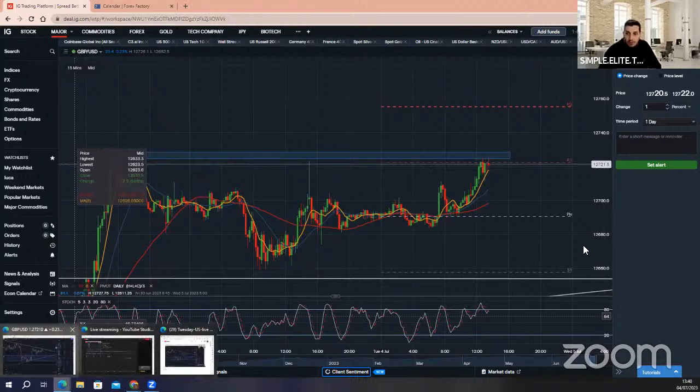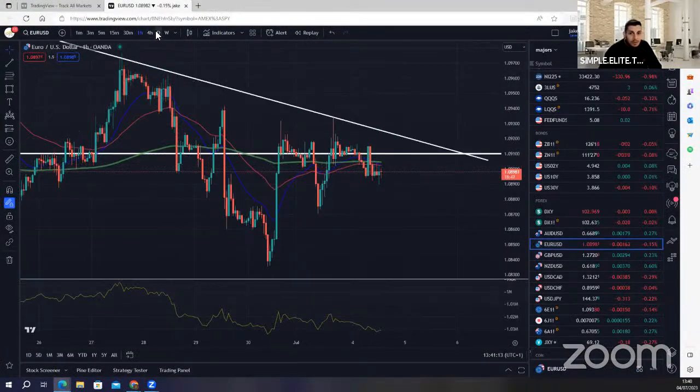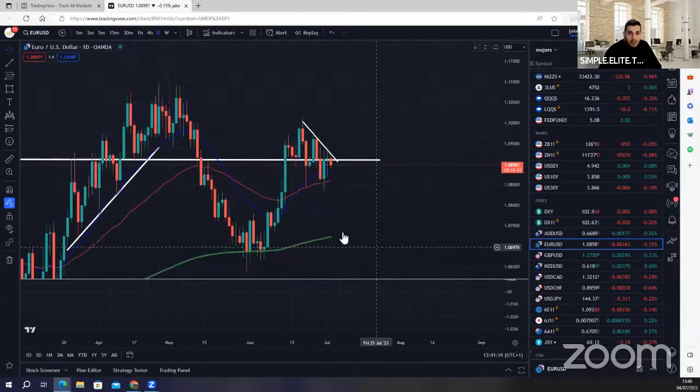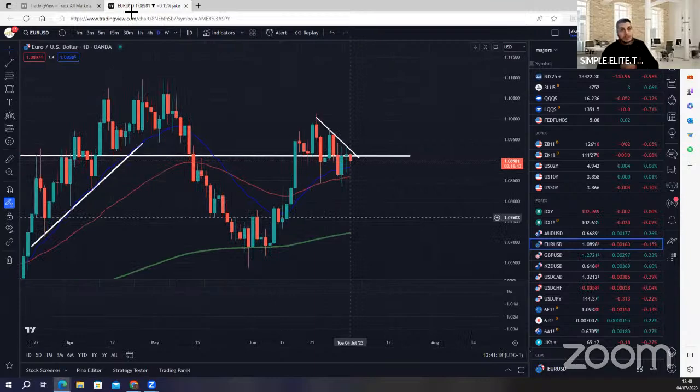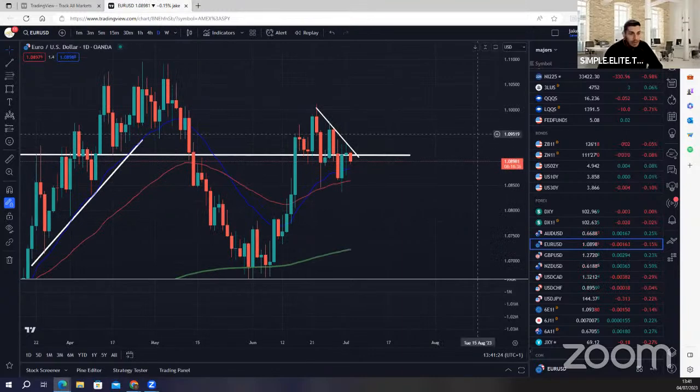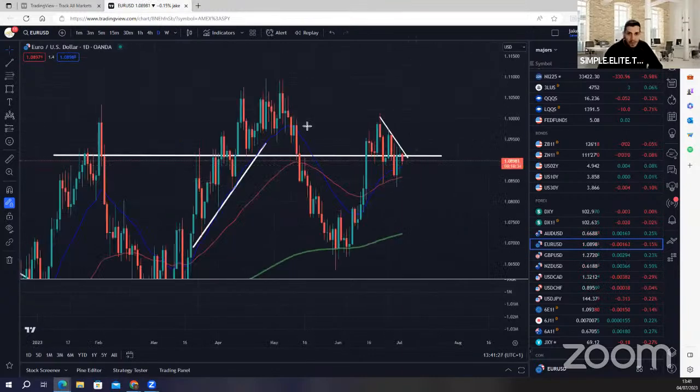Moving on to the euro as well, I would like to be a buyer of euro as well, but it's not ready yet for me. There is a bit of work to do. So the daily time frame looks like, after this bearish direction, which was this one, and again this one, now it looks like it wants to change the trend.